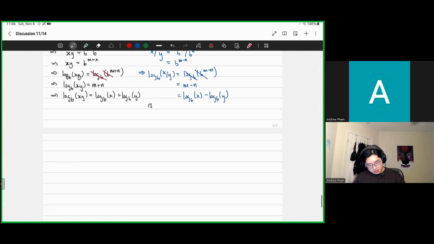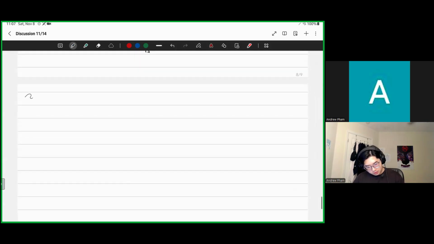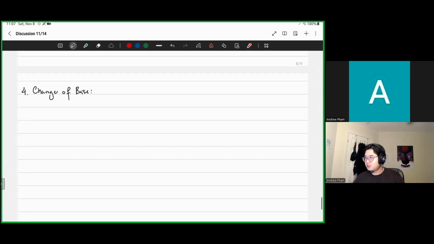And then the last rule to go over is, of course, the change of base rule. The change of base rule is useful for application problems when we only have a limited amount of log base buttons on our calculator. And recall what this is.